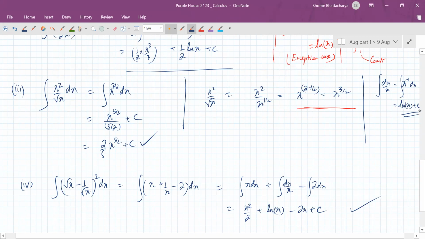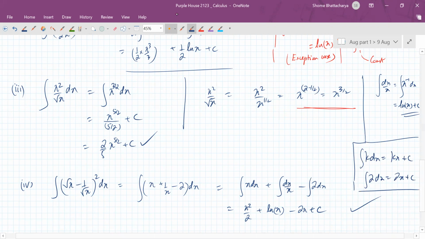Sir, so integration of 2 will be 2 only, no? Integration of 2. Yeah, it's a constant term, no, beta. 2 is a constant, so like integration of any constant is that constant into x. So like the integration of 2 dx. Is it clear?